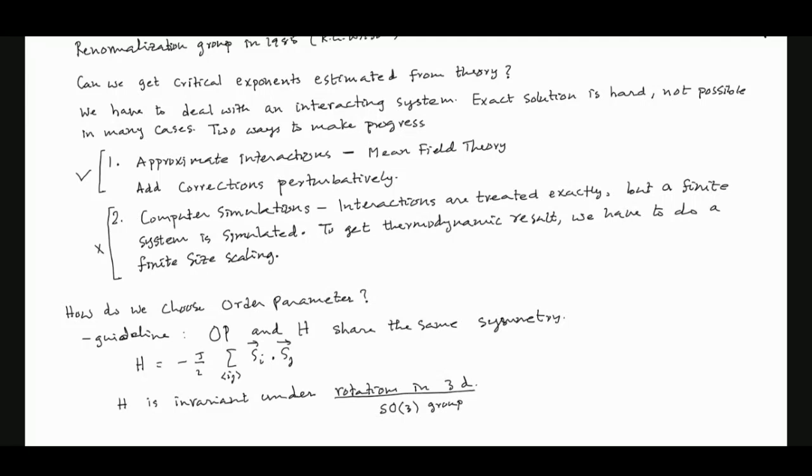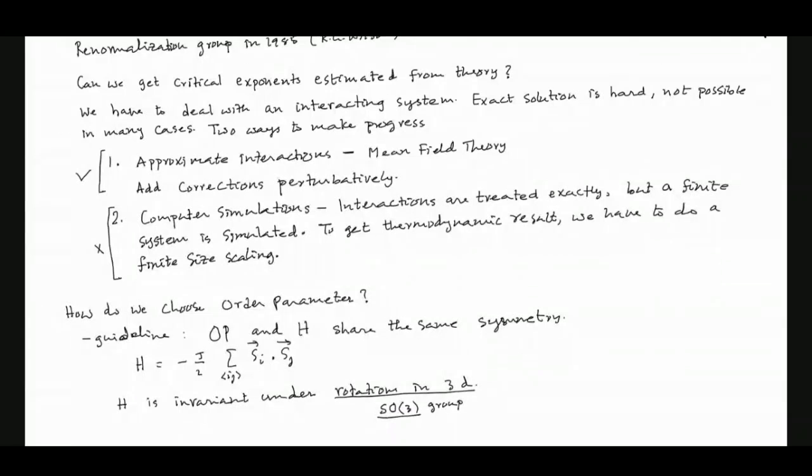Even if you don't know what it is, it doesn't matter. Essentially, all rotation matrices about a point in three-dimensional space, if you put all elements together, form an infinite continuous group, and that is SO3.